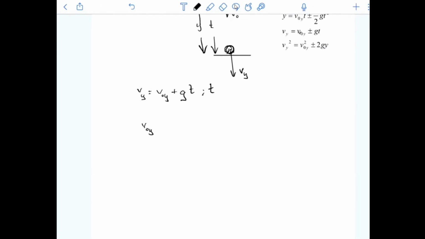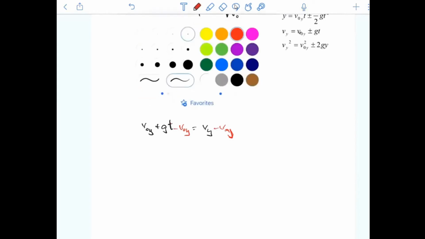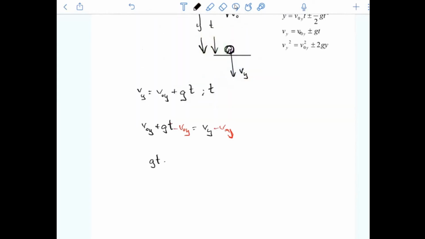All right, so I'm going to rewrite the equation to isolate t, so get rid of the initial speed from the left-hand side. All right, so I got g times t equaling final velocity minus the initial velocity.